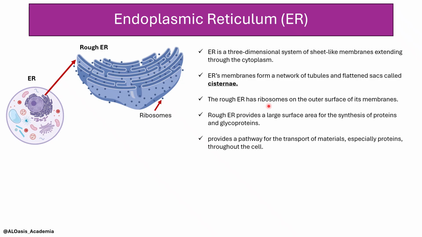Okay. The main function of the rough ER, and here you need to pay attention that we are referring to the rough ER. In a few minutes, we will learn about the other type of ER. But for the rough endoplasmic reticulum, the main function is that it provides a large surface area, okay, for synthesizing proteins and glycoproteins.